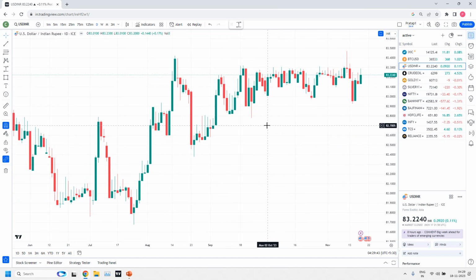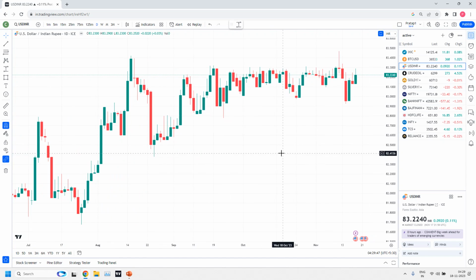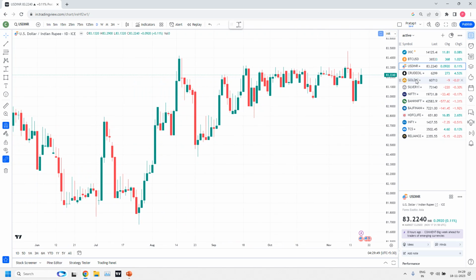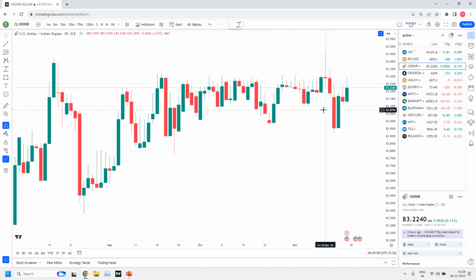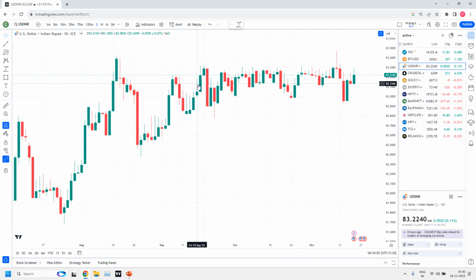Now look into this chart. This is US dollar and Indian rupees. So 1 US dollar now is trading at 83 rupees 22 paisa. Okay. Now let me draw a zone. We have a rally candle, we have a base candle, we have a drop candle.